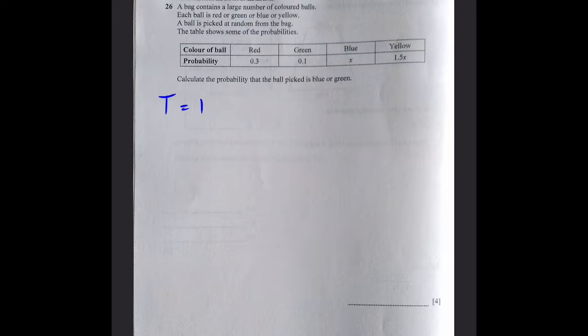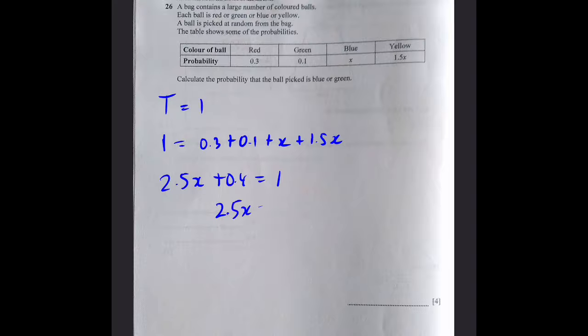So that means 1 is equal to 0.3 plus 0.1 plus x plus 1.5x, which means 2.5x plus 0.4 is equal to 1. 2.5x is equal to 1 minus 0.4, which is 0.6. And x is equal to 0.6 by 2.5, which is equal to 0.24.